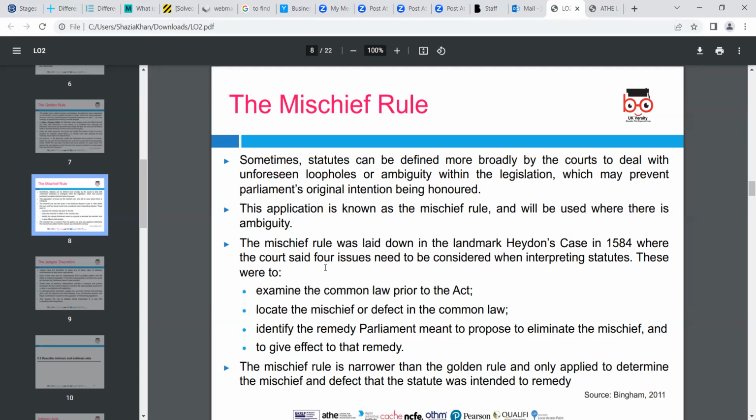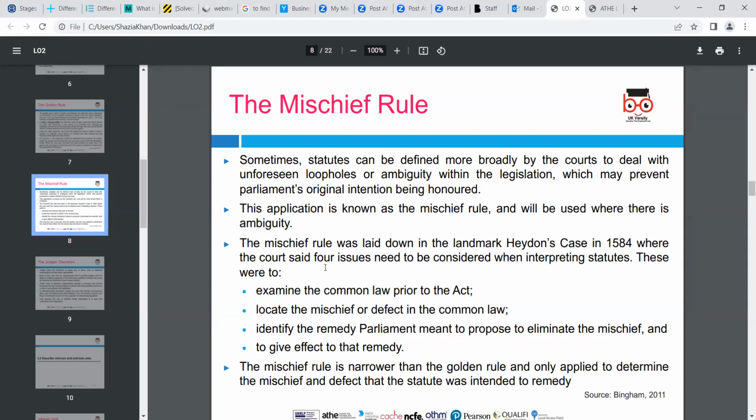Secondly, that they locate the mischief or defect in the common law. Thirdly, that they identify the remedy Parliament meant to propose to eliminate the mischief and to give effect to that remedy.